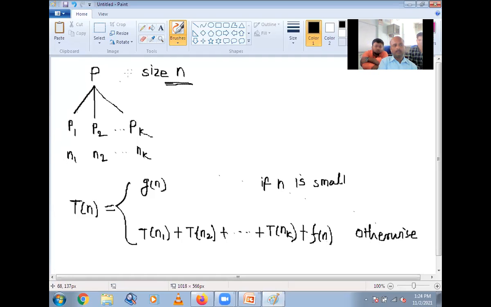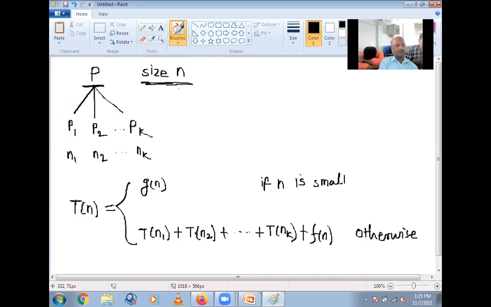Here P is the problem and N is the size of that problem. If N is small, then solve this problem as it is. If the problem is large, then divide it into subparts such as P1, P2 up to Pk.